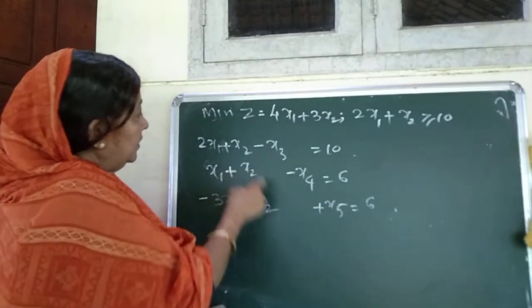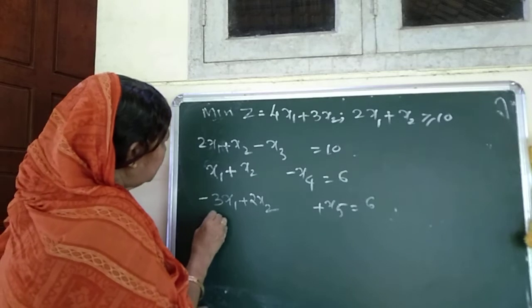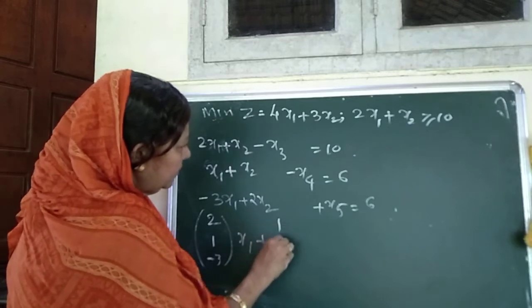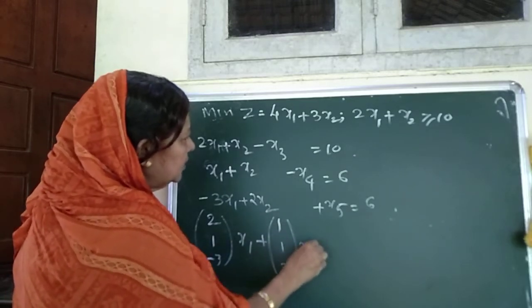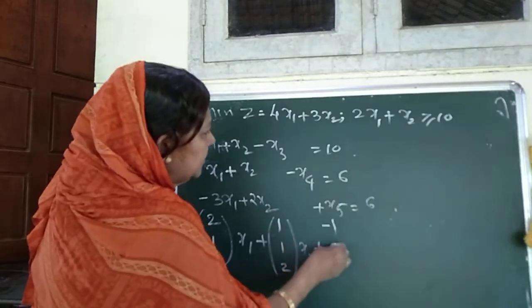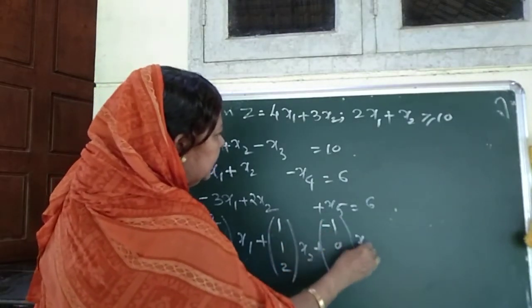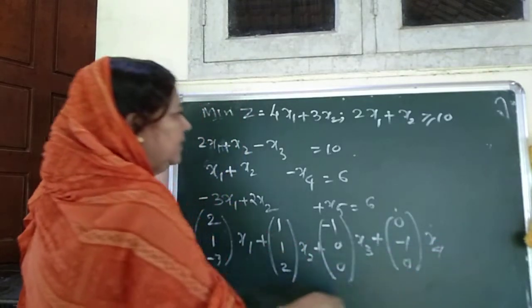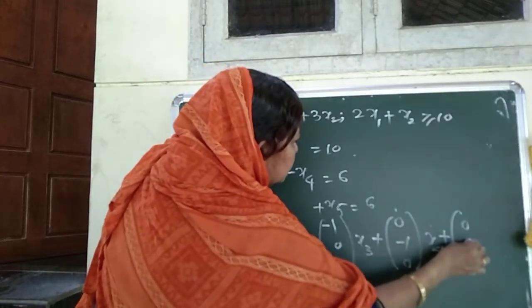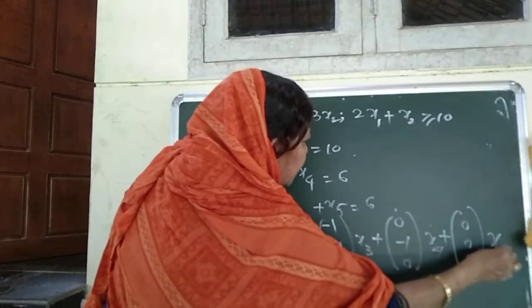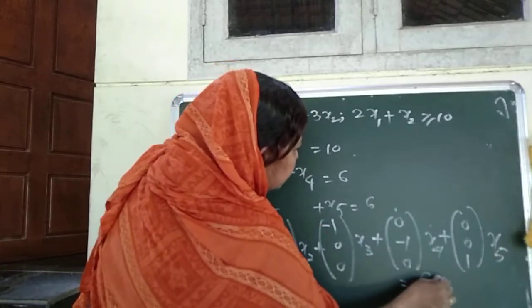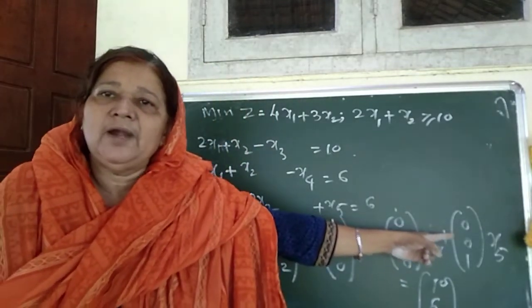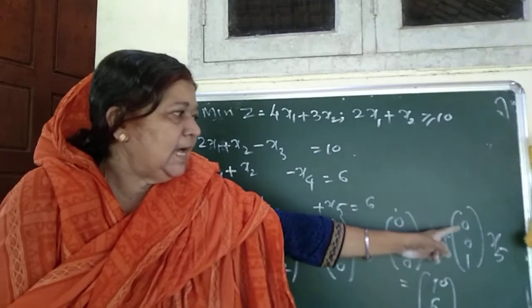If we write it in the matrix form, it is 2, 1, minus 3 into x1 plus 1, 1, 2 into x2 plus minus 1, 0, 0 into x3 plus 0, minus 1, 0 into x4 plus 0, 0, 1 into x5 equal to 10, 6, 6. Here we see that only one column of the identity matrix is obtained, that is 0, 0, 1.